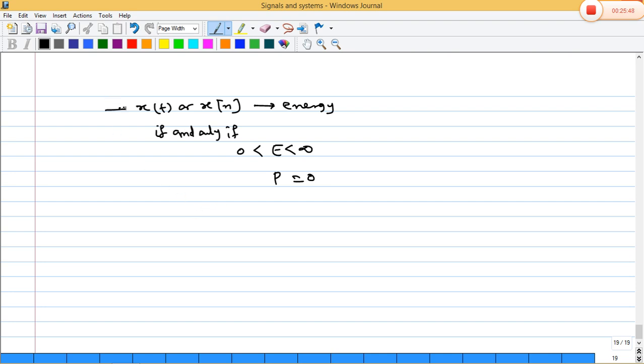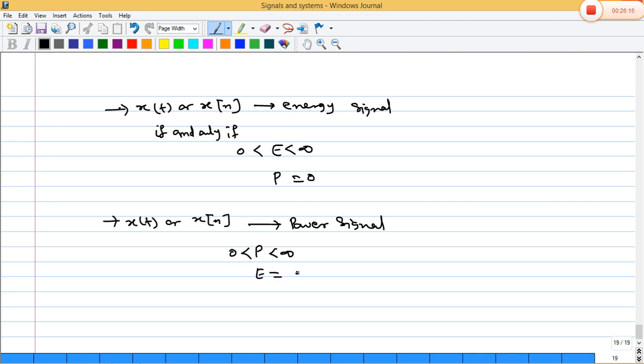So this is the first condition. Second one: x(t) or x of n will be a power signal if P is finite and E is equal to infinity.